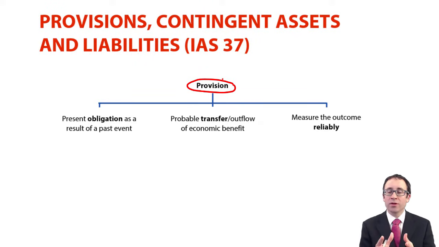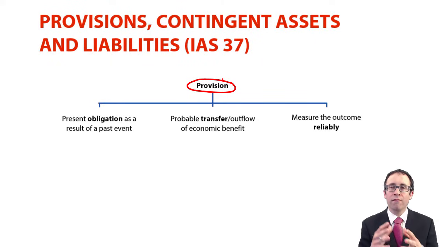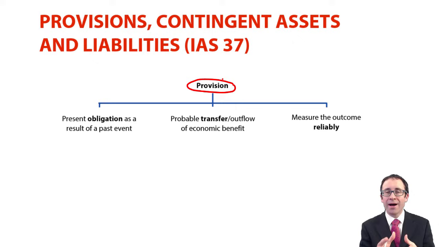Okay, so what we've got to do is make sure that we have a specific set of rules in order to be able to account for the provision. So the accounting will be to debit the statement of profit or loss and credit your provision. But we need to go through there and ensure that we meet the definitions within the framework.